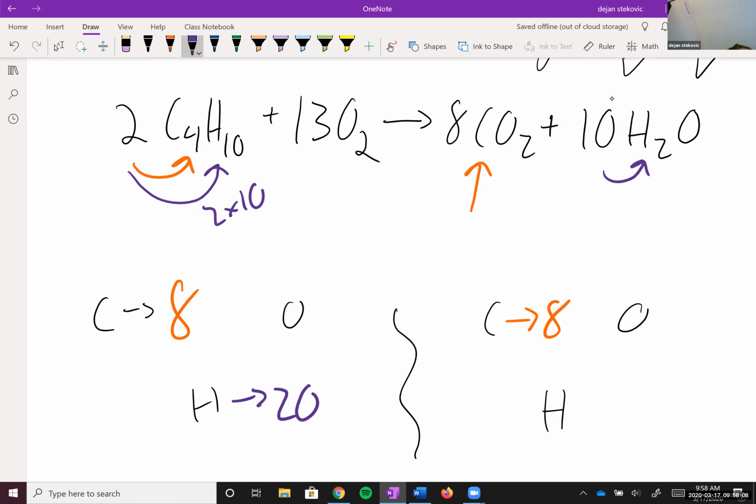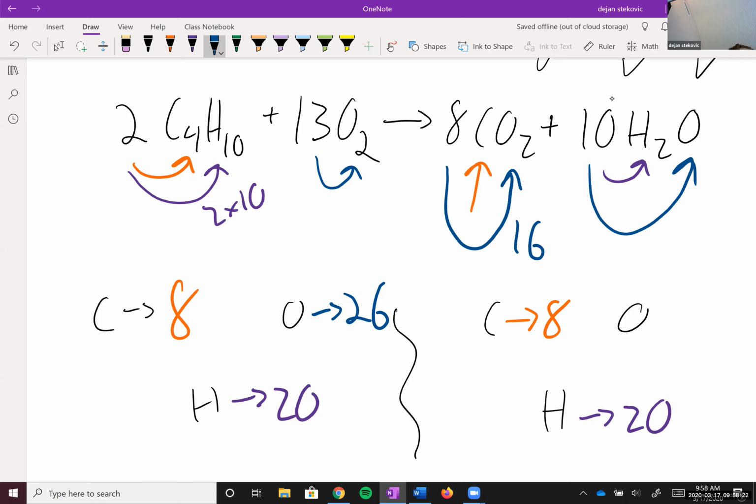And again, 10 times 2, I have 20 hydrogens on this side as well. And then finally, for oxygens, I have 13 times 2. That's 26 oxygens on this side. I have 8 times 2. That's 16 right there. And then 10 times 1. That's 10 right there. That's 26. So my equation is indeed balanced, and I am done here.